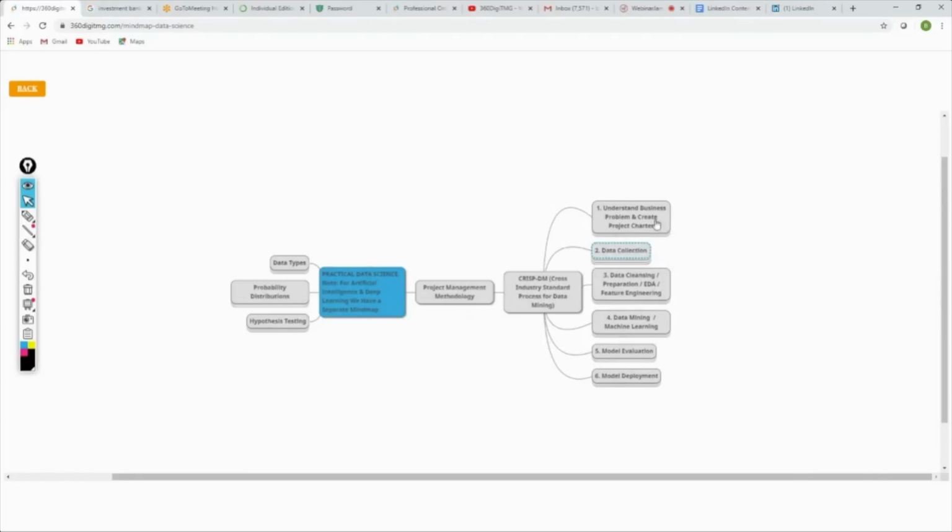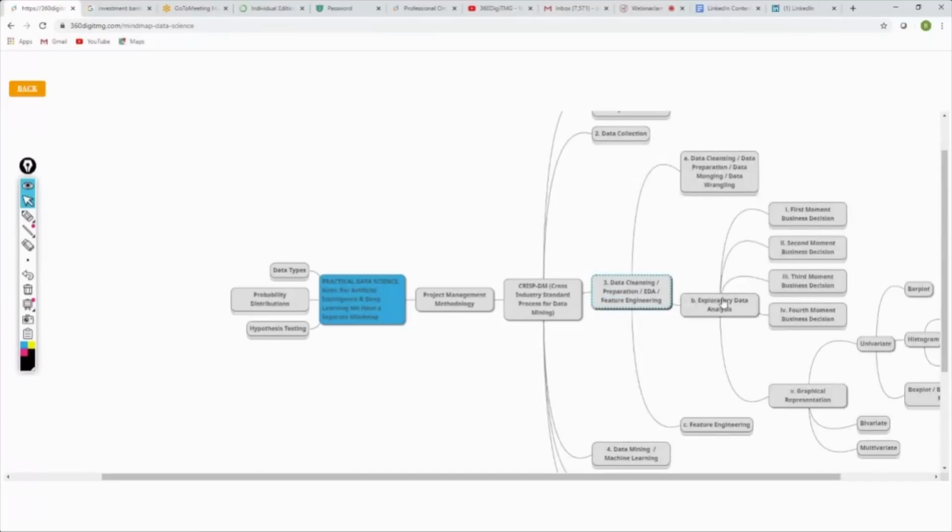Once you have the data at your disposal, you proceed further with the next step of data cleansing, data preparation, exploratory data analysis, and feature engineering. All are interchangeably used.